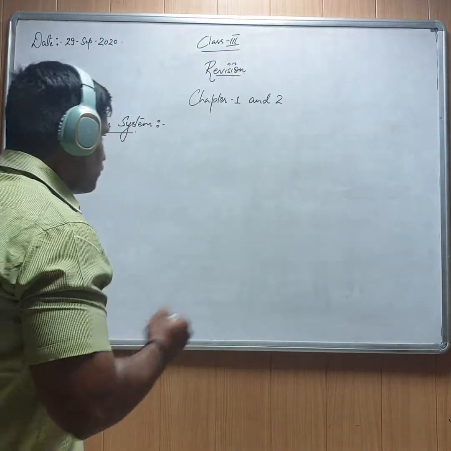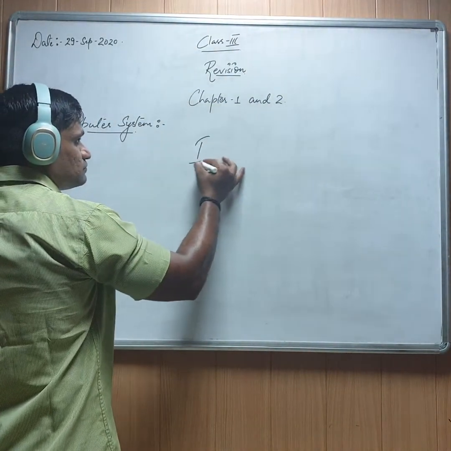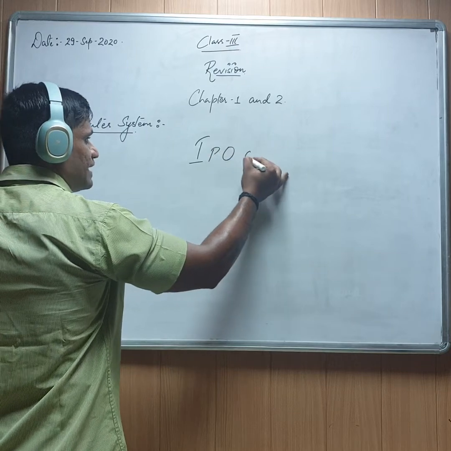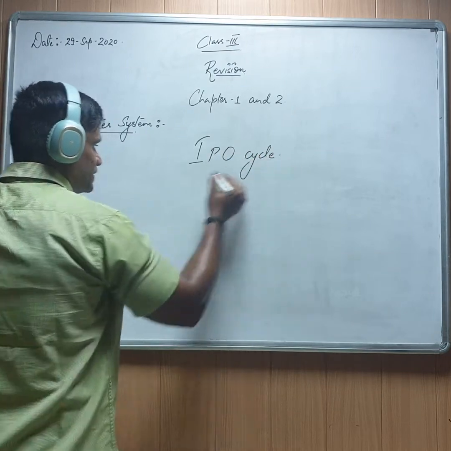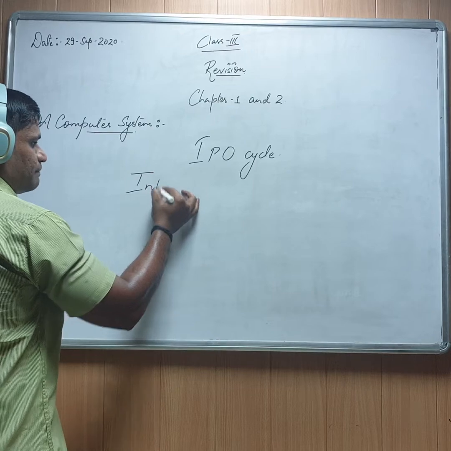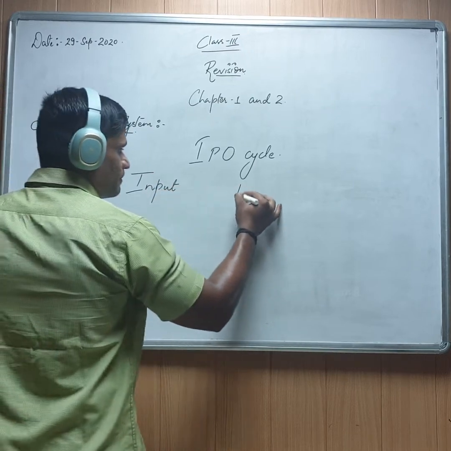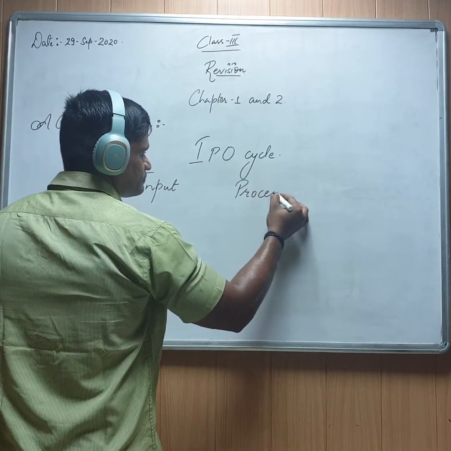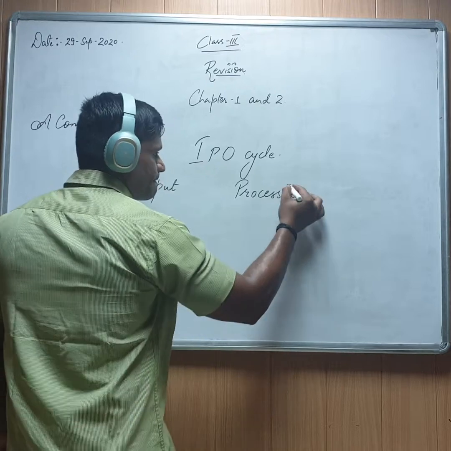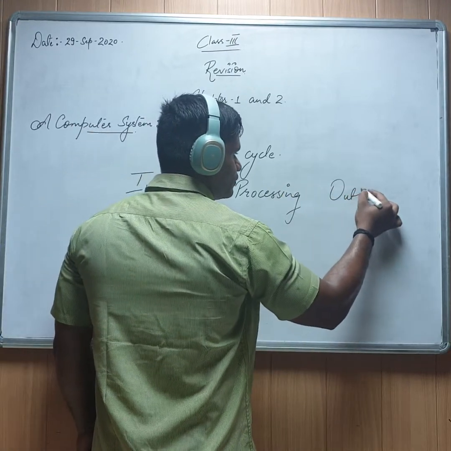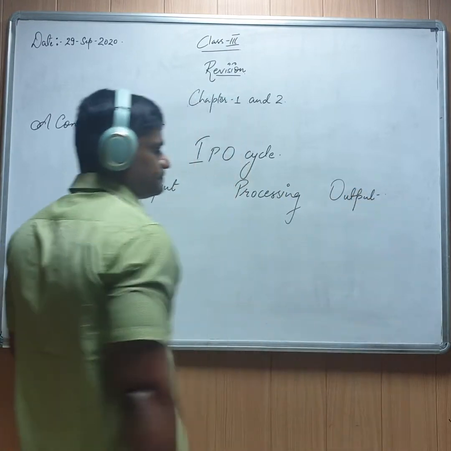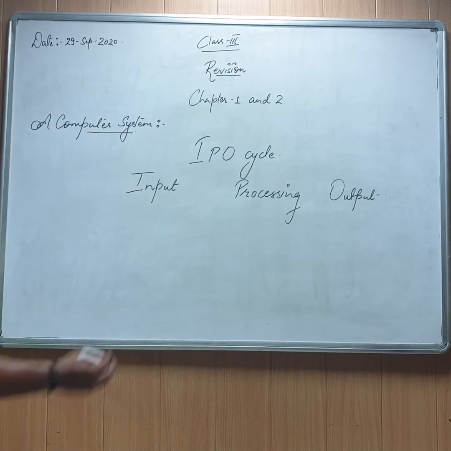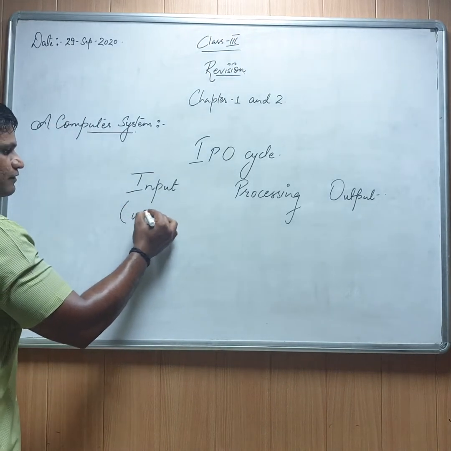Basically, a computer works on the IPO cycle, which is input, processing, and output. That means input is what we give.